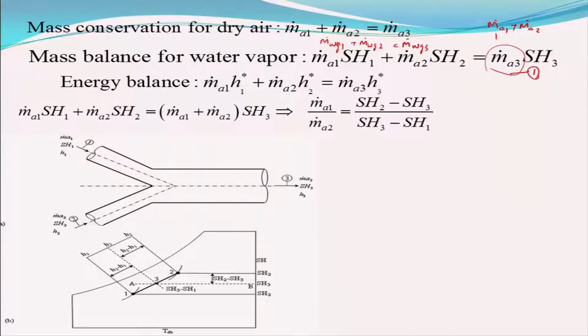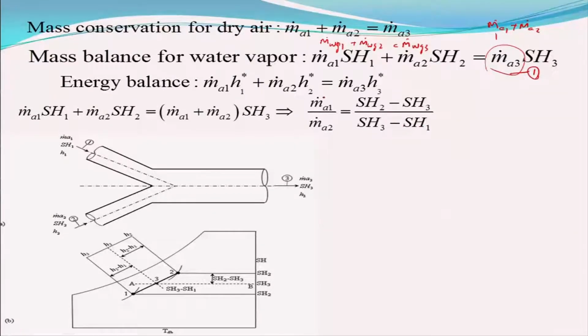And then you just take the mass of air, separate it, and then you will get a relationship between the mass flow rate of air at station 1 divided by the mass flow rate of air at station 2 is equal to H2 minus H3 divided by H3 minus H1.